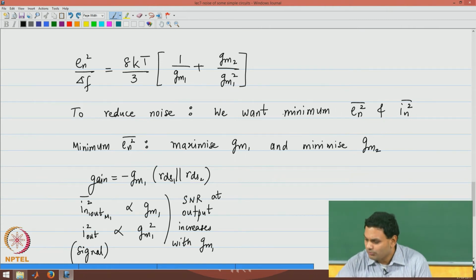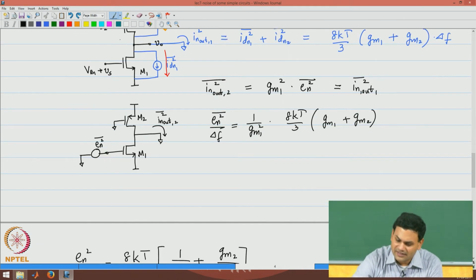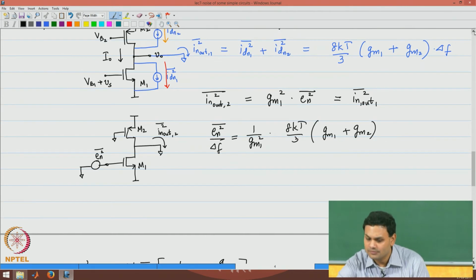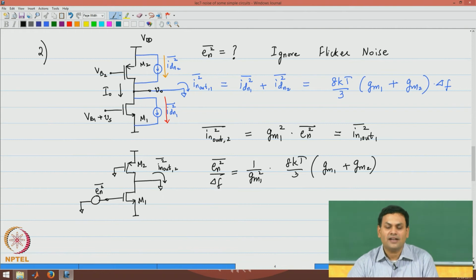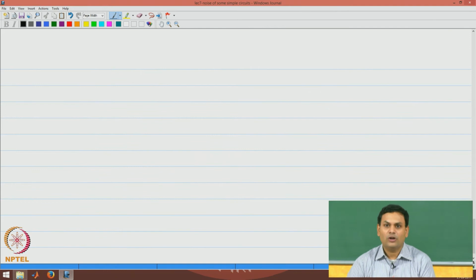What does minimize Gm2 mean? Please note that the current through the circuit is some bias current I naught, which is the same for both transistors, and this bias current I naught has been chosen such that the transistors have a certain W over L and a certain Gm. Now, let us assume that you are trying to keep I naught constant because you do not want to tamper with Gm1, which you have chosen in a particular way for noise.